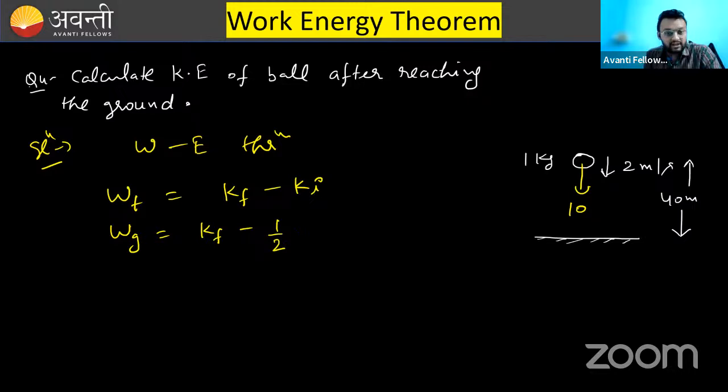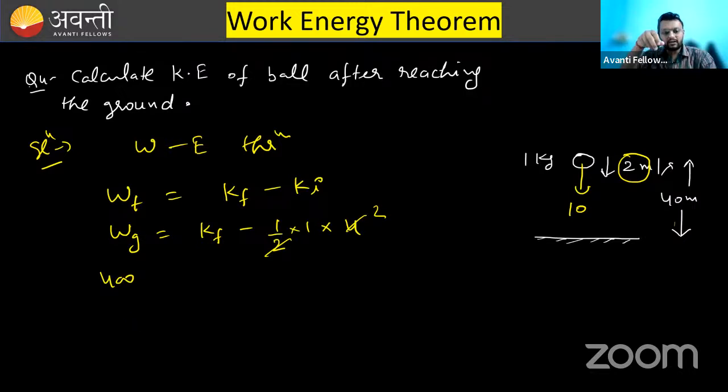K initial is what? Half m v square. Velocity is 2, so v square is 4, and K initial is 2. So work done by gravity, force is 10, displacement is 40. Is it 400?